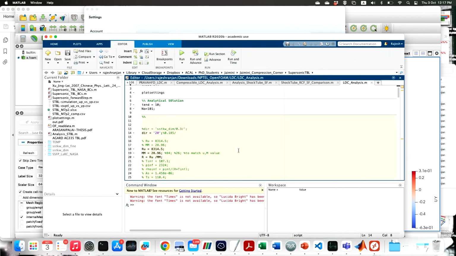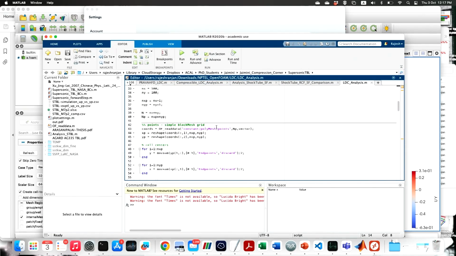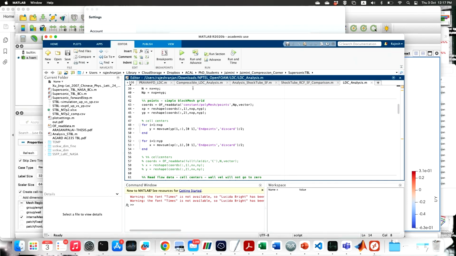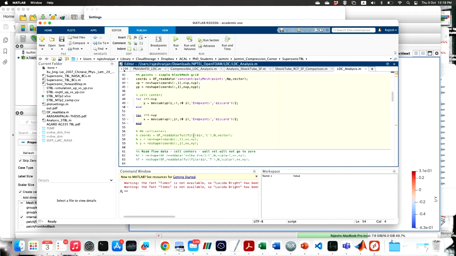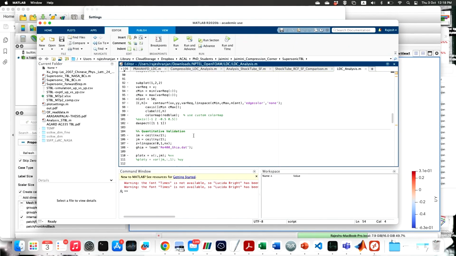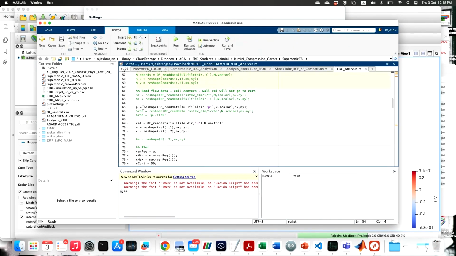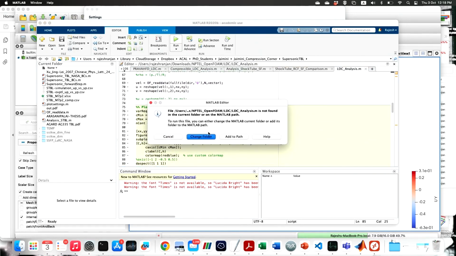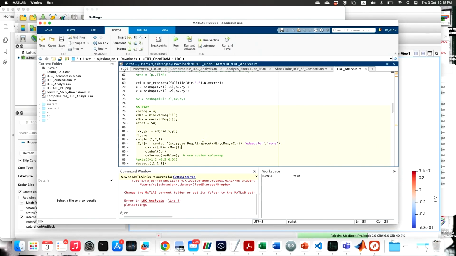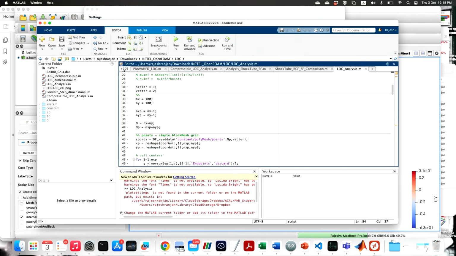Let me make the size bigger. Okay, fine. So I am reading those files of the velocity and the pressure, and I am plotting those quantities that I saw in ParaView. Plot settings.